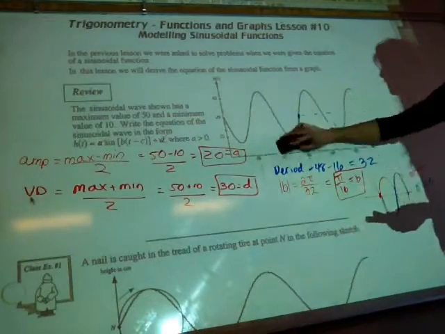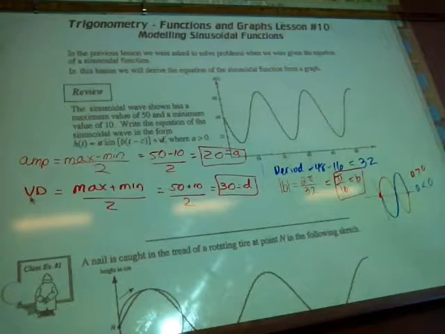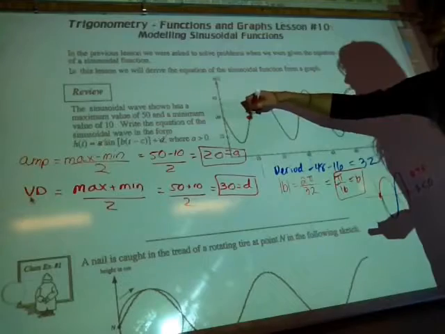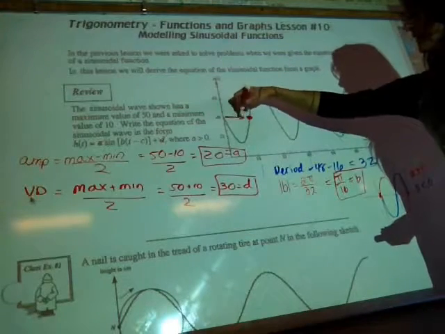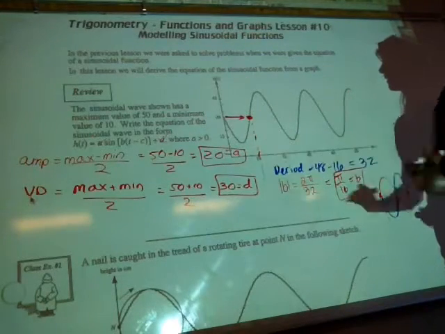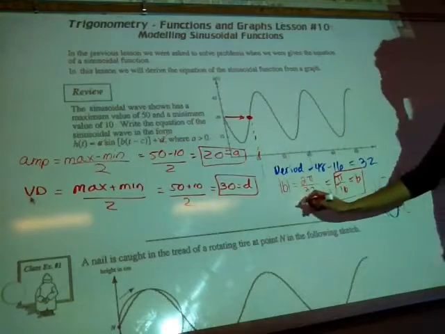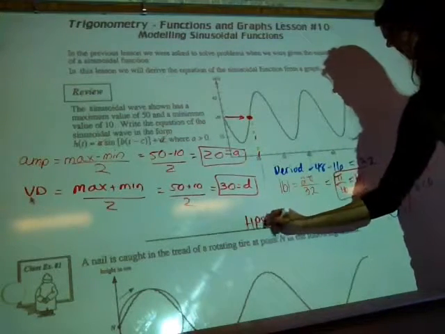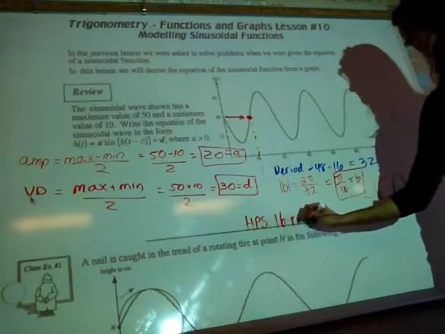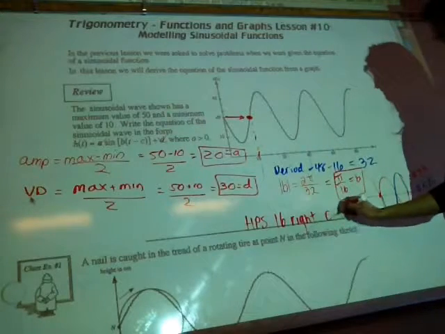And lastly, our horizontal phase shift. Okay, where are we moving? Normally we start halfway, so we would have had to move over 16 spaces. So our horizontal phase shift is 16 right, which means C equals 16.